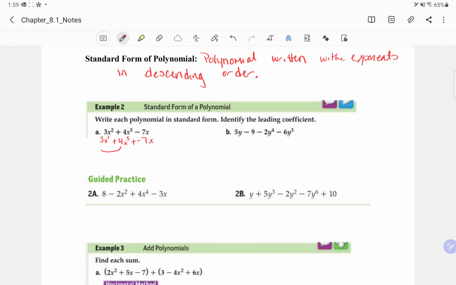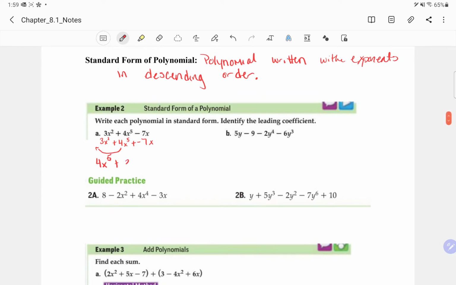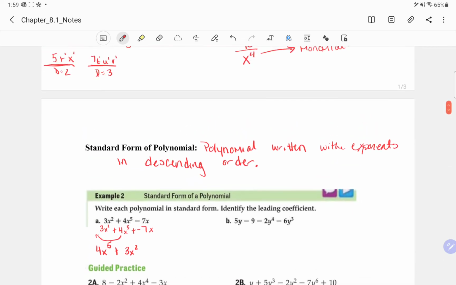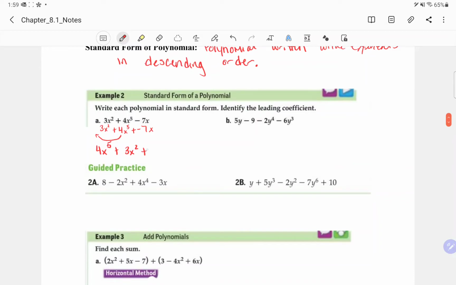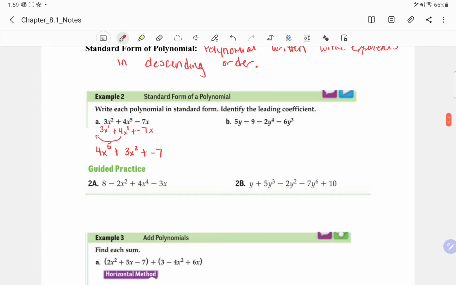So I'm going to pull my 4x to the 5th out front because it has the largest exponent. And then I'm going to put 3x squared, and then I'm going to leave the plus negative 7x. Now my exponents are in descending order. 5 is the largest, 1 is the smallest.